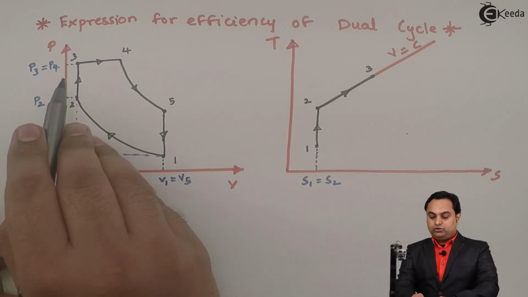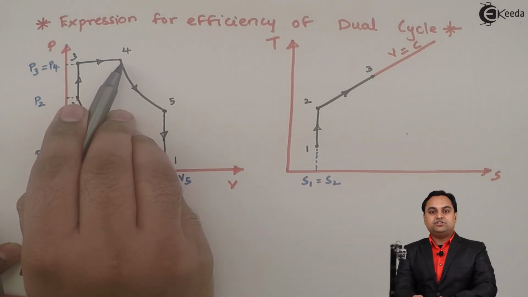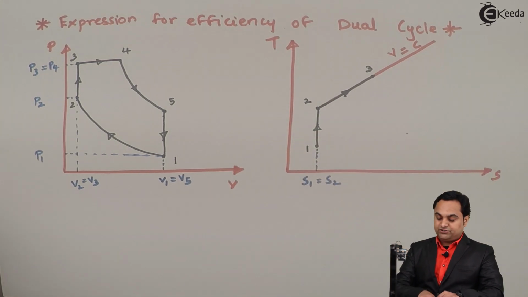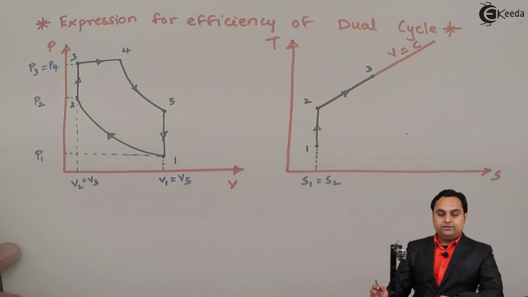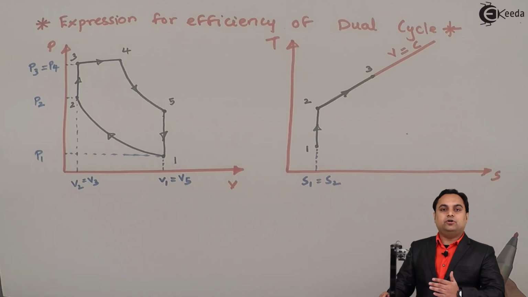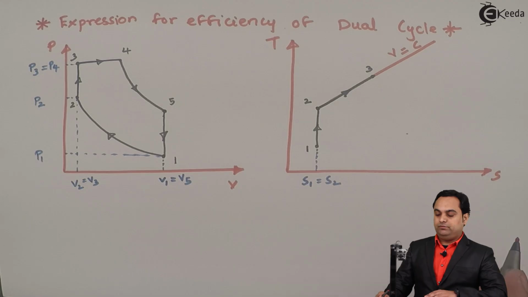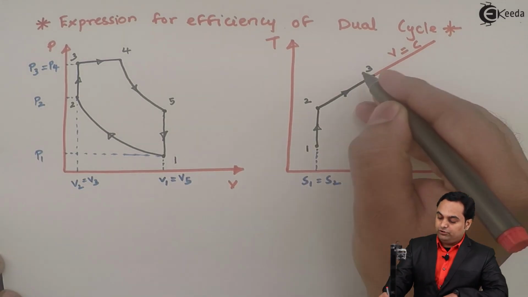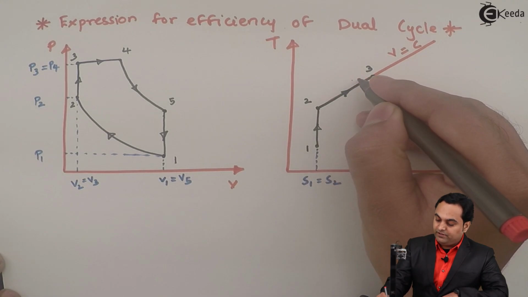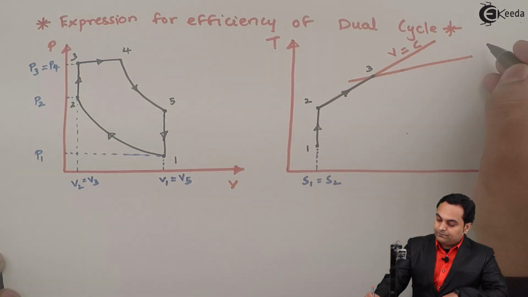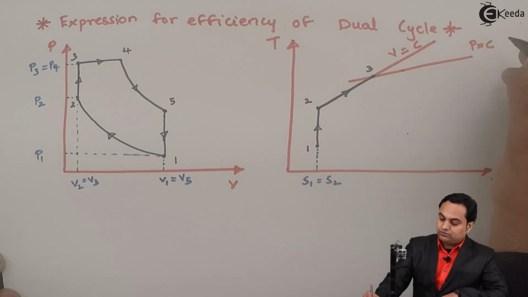Then 3 to 4 is constant pressure heat addition. So after constant volume heat addition there is constant pressure heat addition, and now this is very important that the constant pressure lines are less inclined than the constant volume lines. I have shown the constant volume line, so constant pressure line will be less inclined as compared to the constant volume line.